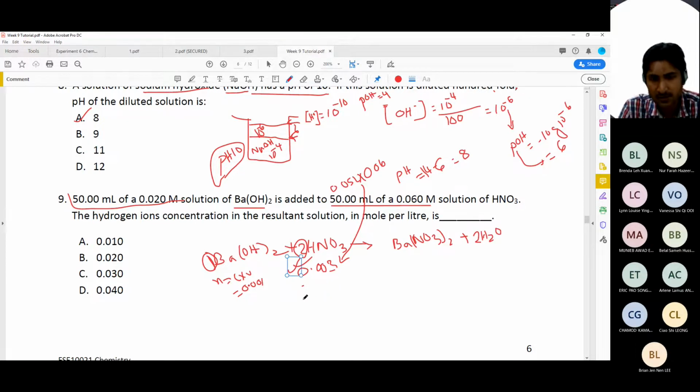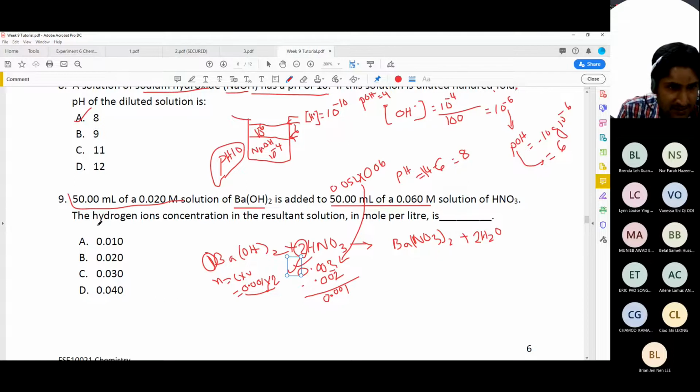Well, how much is being used up? For 0.001 moles of barium hydroxide, 2 times that, 0.002 moles of nitric acid will be used up. And if we deduct, 0.001 will be left in the solution.